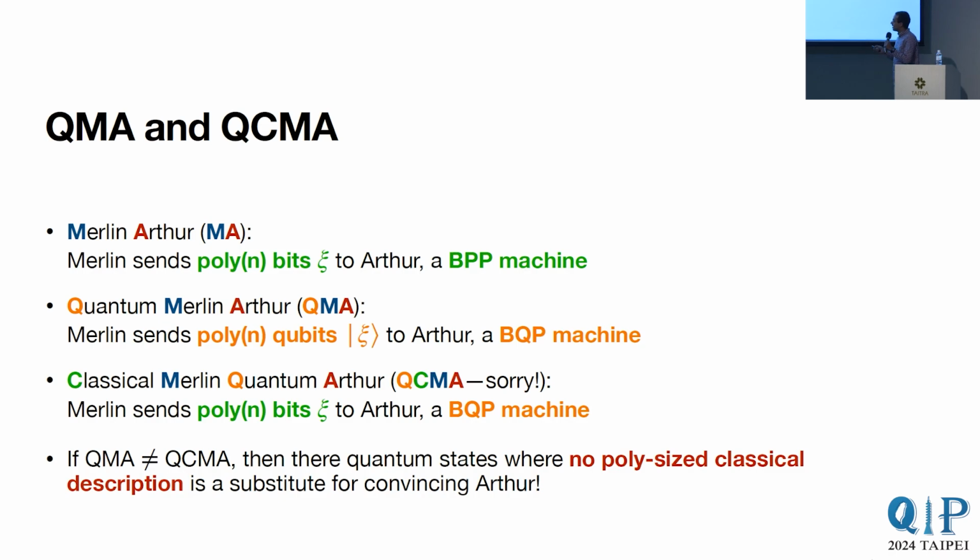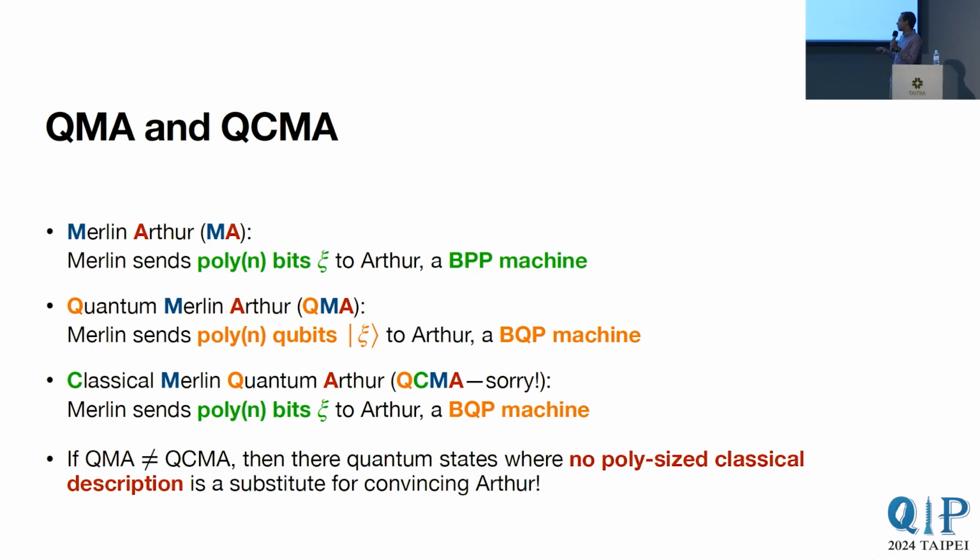The standard quantum analog of this class is QMA, where you make Arthur a quantum machine and you make Merlin also quantum, with the capability to send you quantum states. Then there's this weird intermediate class between the two. Going from MA to QMA I made both things quantum, but you could make just one of them quantum.